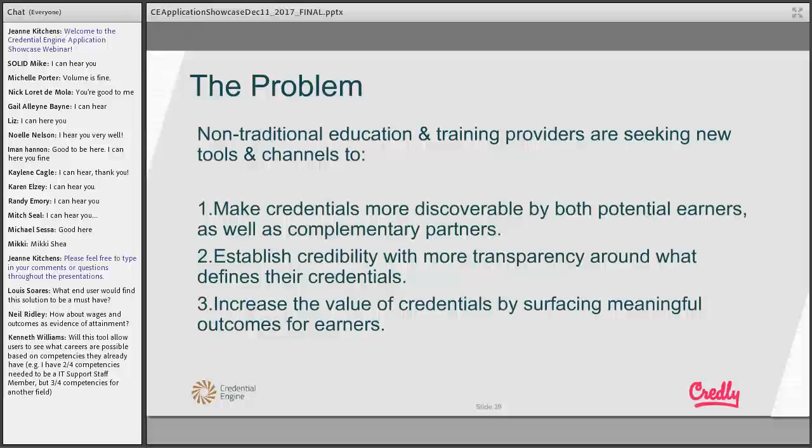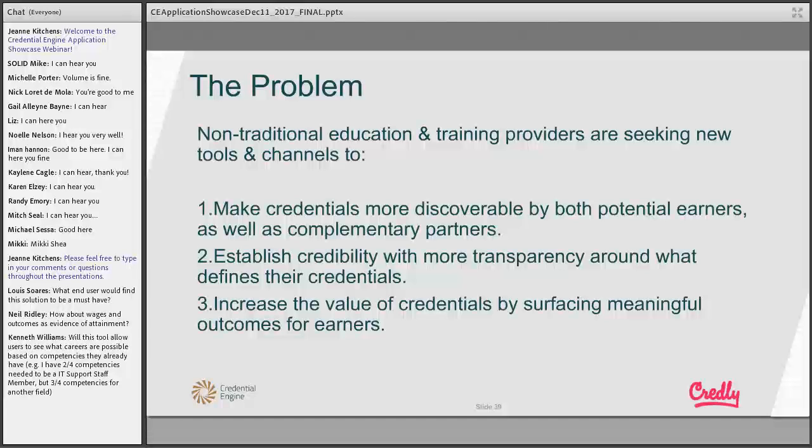Also to establish their credibility. In addition to being discoverable, having transparency and distribution to a lot of channels, including Credential Engine and Credential Registry, more folks will be able to see exactly what folks are recognizing and what the data is that lives behind that credential. And then last, to increase the value of their credentials.